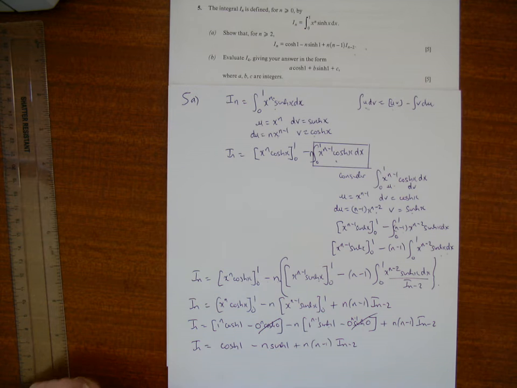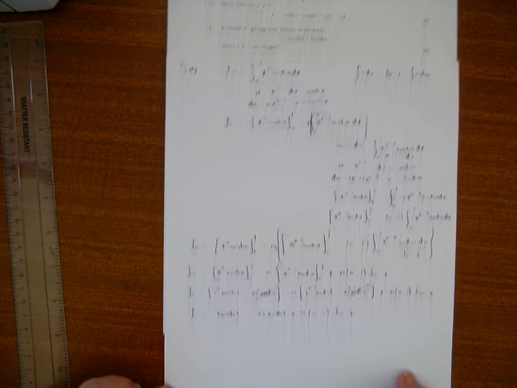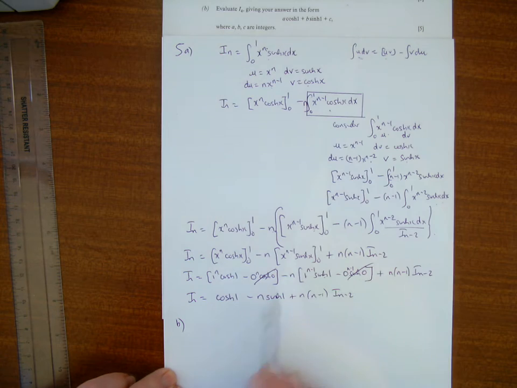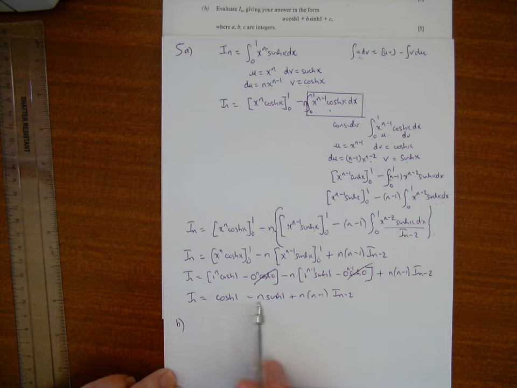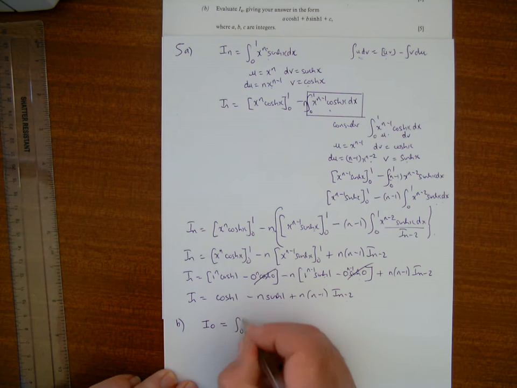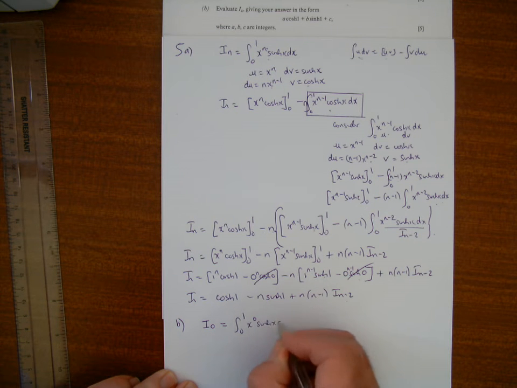Now then, for part B, I want I_4, so looking at this, if I put n equal to 4 in there, I'm then going down to I_2, and if I work out I_2, I'm going down to I_0, so my first job is to evaluate I_0. So I_0 will be the integral from 0 to 1 of x to the power of 0 sinh x dx.